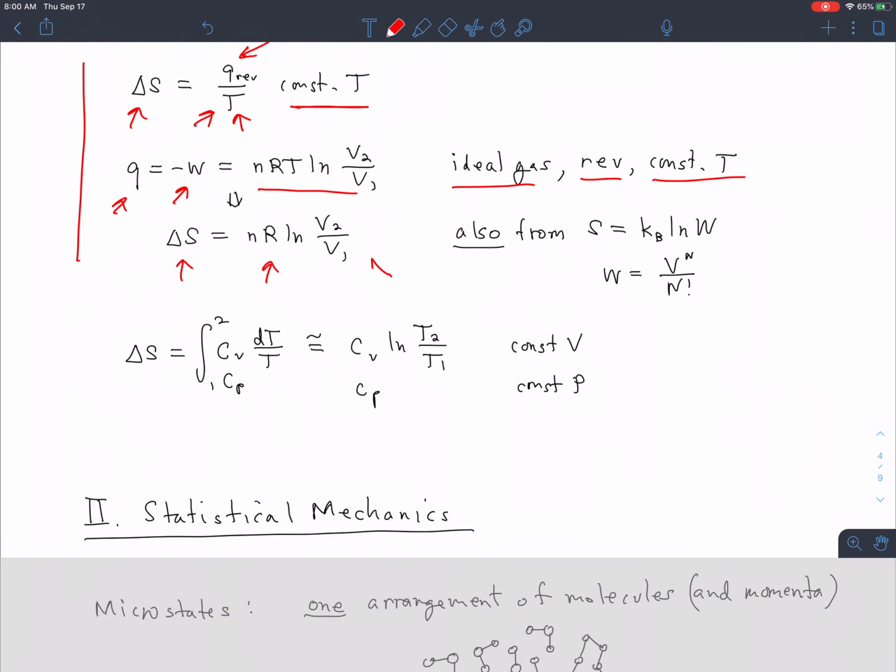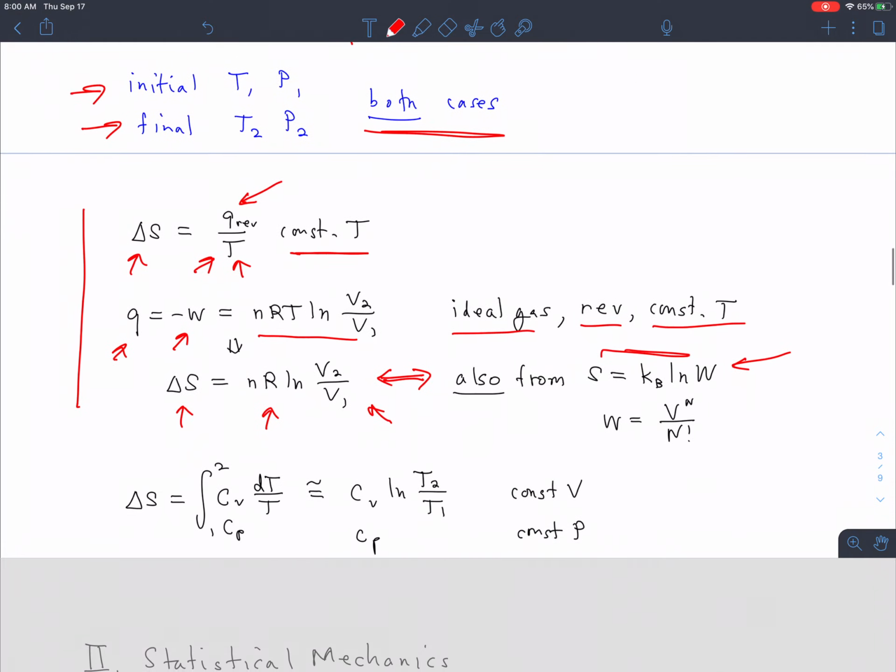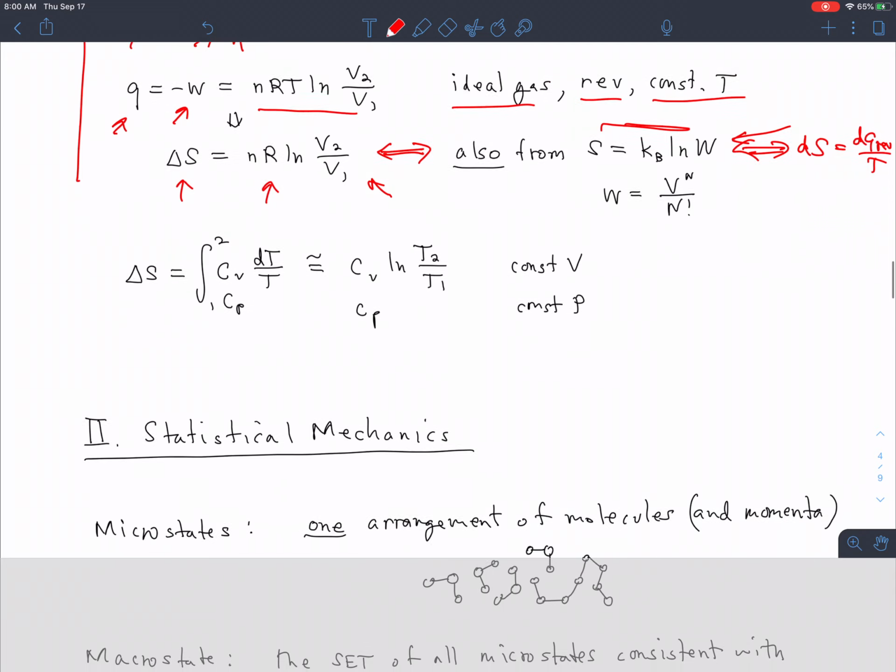Remember, we derived that also using the Boltzmann expression, and therefore showed that at least in this important special case, this expression and our general expression, dS equals dq rev over T, give the same thing. That's not a general proof that those two things are the same, but at least it's consistent with that.